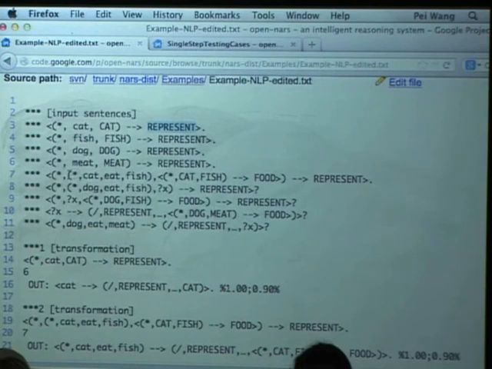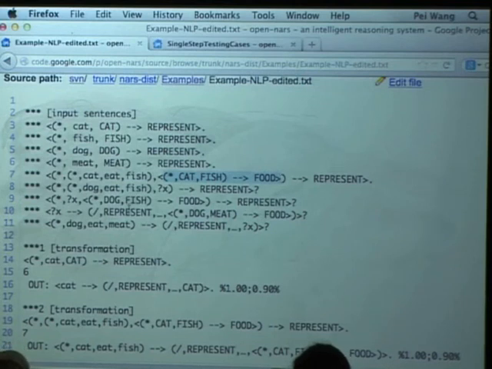And also, we can say this whole sentence or this sequence of words, cat, eat, fish. Here, of course, I ignore a lot of stuff like plural and tense and so on. I say this whole thing represents this statement, which says that cat takes a fish as food. Okay?